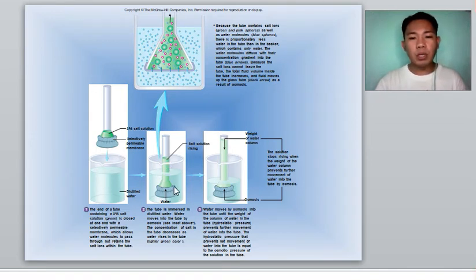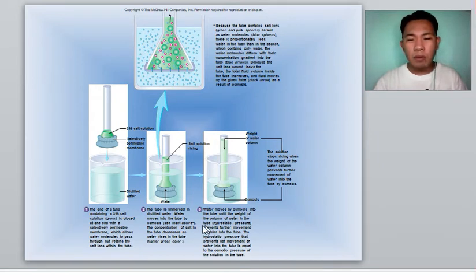we observe that the salt solution is rising and the water in the beaker is obviously decreasing, causing the concentration of the salt inside the thistle tube to decrease.